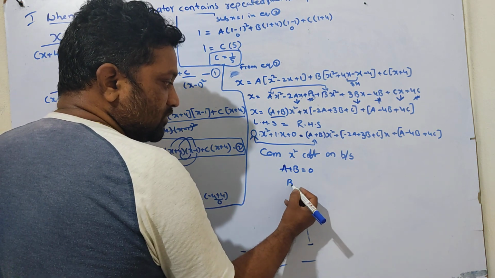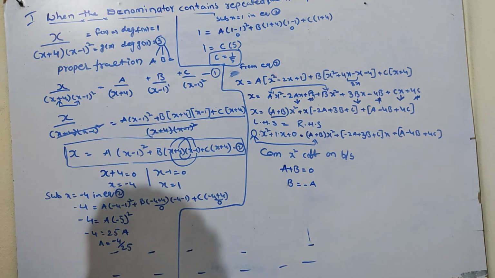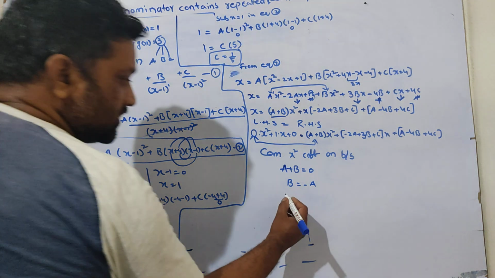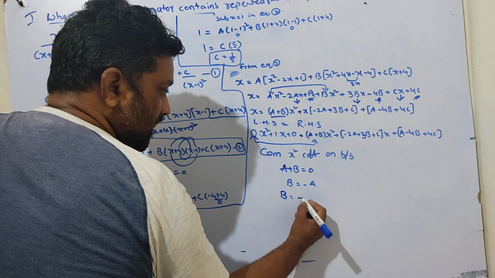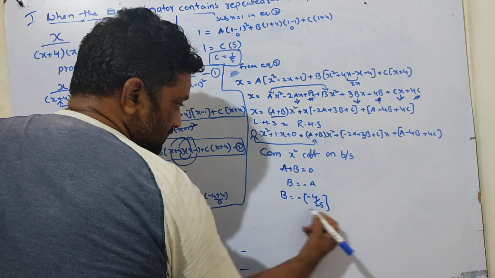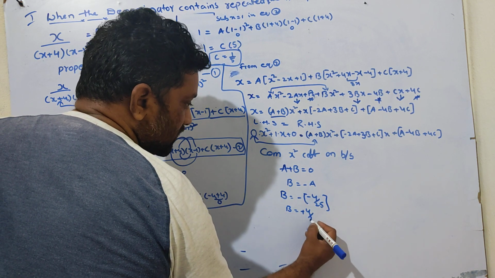Then we need the b value: b is equal to minus a. What is the a value? Minus 4 by 25. So b is equal to minus of minus 4 by 25, then b equals plus 4 by 25.